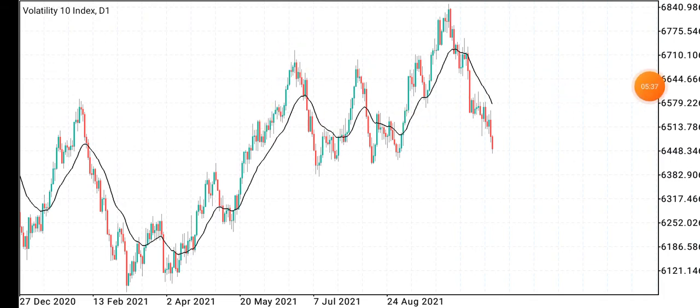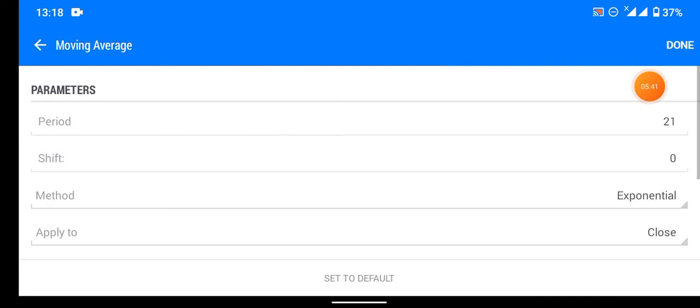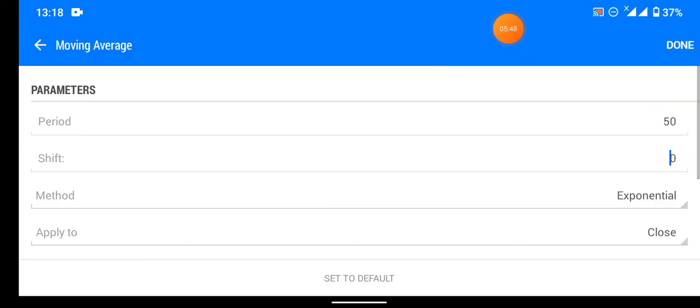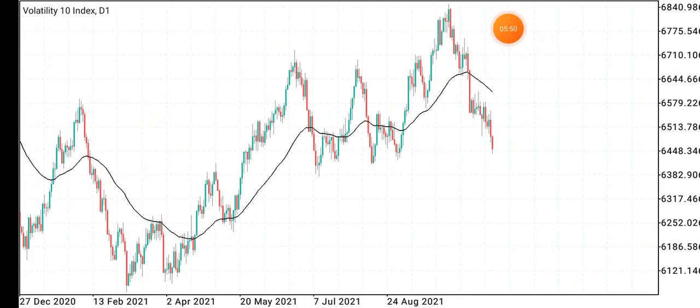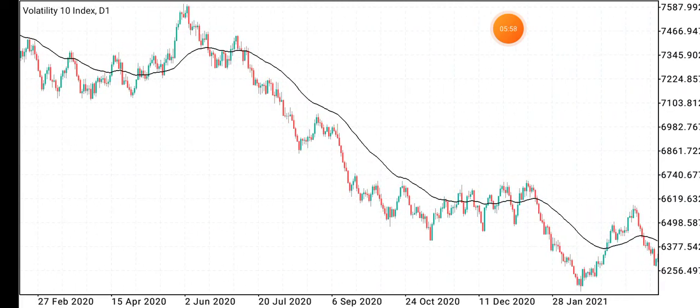Confirmation. So for long term day traders, you use the 50 exponential moving average. This 50 exponential moving average is used to identify long-term direction. If you're a day trader, don't use the 200 moving average to know the direction of the trend.